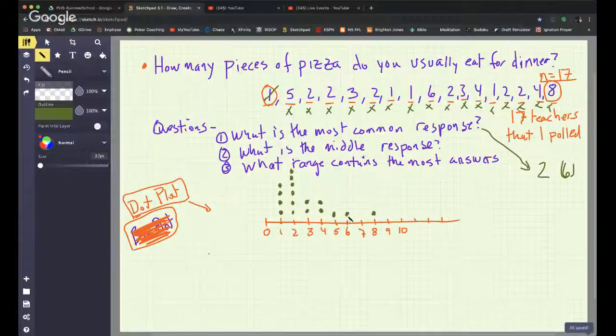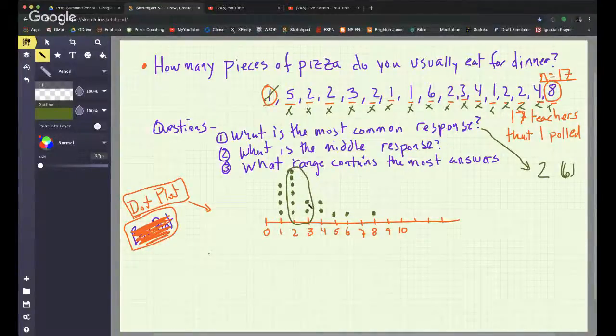What is the middle response? Well, the middle response is somewhere in here. We're going to mathematically find the middle response, but it's definitely not over here, and it's definitely not over here. It's either going to be a 2 or a 3.